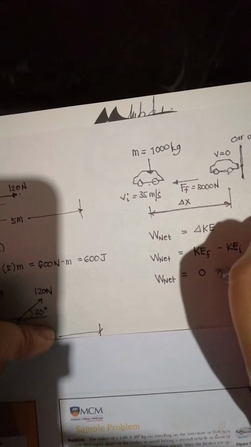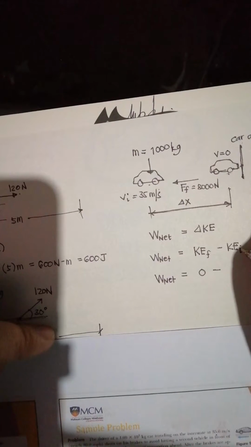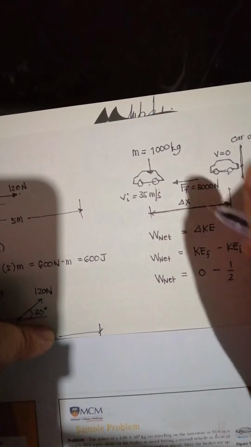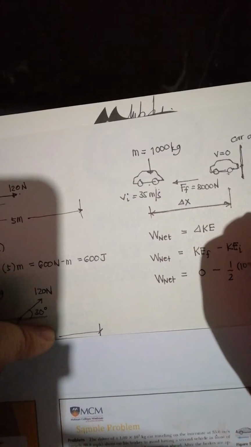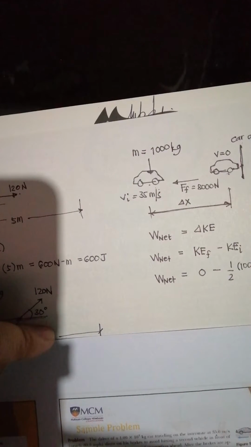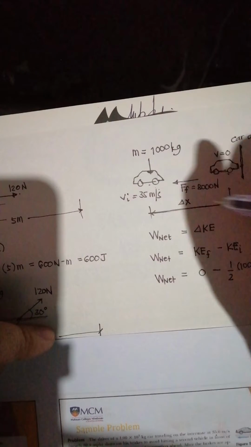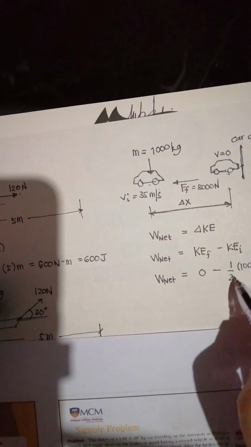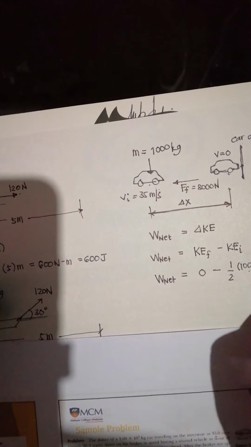Next, the kinetic energy on the initial point. So we have 1 half times the mass of 1,000 kilograms times the velocity, that is 35 squared. So we have 1 half mv squared.